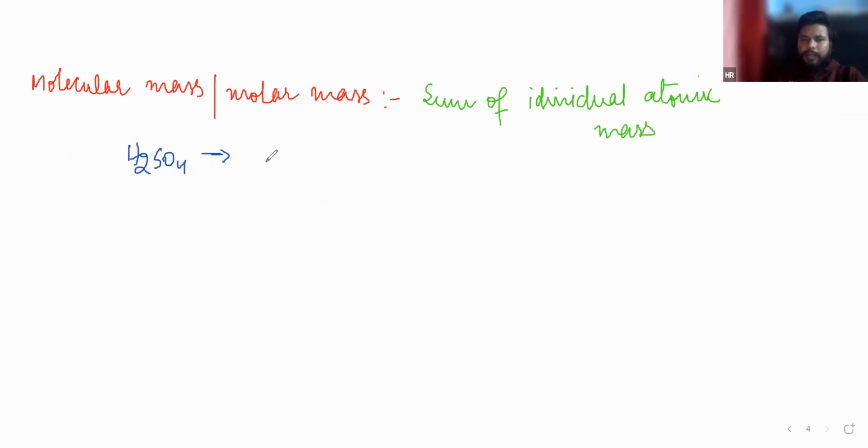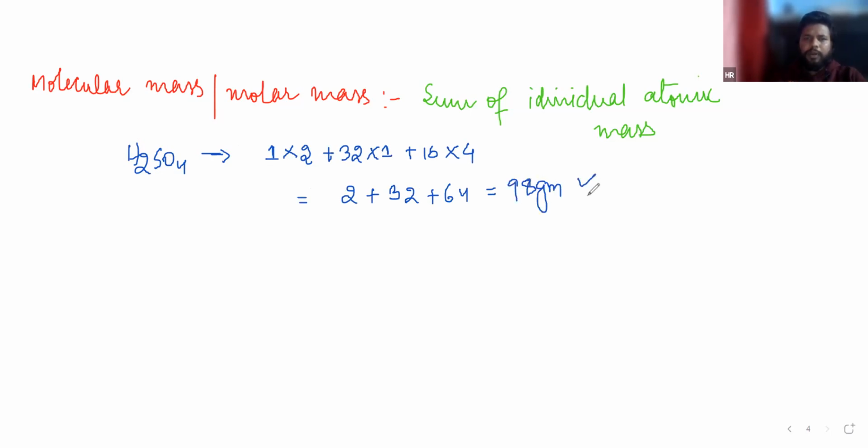The mass of hydrogen is 1 and there are 2 hydrogens, so we multiply by 2, plus the mass of sulfur, 32, with only one atom, so multiply by 1, plus the mass of oxygen, 16, with 4 oxygens, so multiply by 4. Simplify: 2 plus 32 plus 64 equals 98 gram. This is the molar mass of H2SO4.